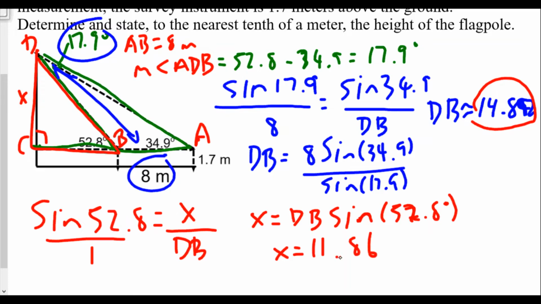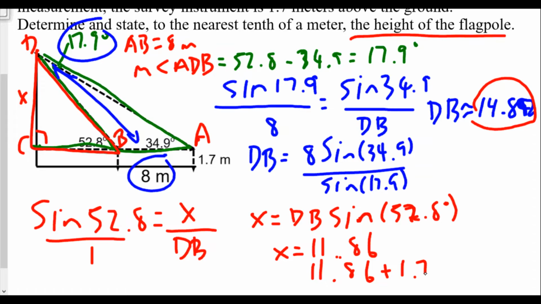So x equals 11.86. All right, great. But that's not the height, because we want the height of the flagpole. And the height of the flagpole is going to include the 1.7, because that's how far the sensor is above the ground.